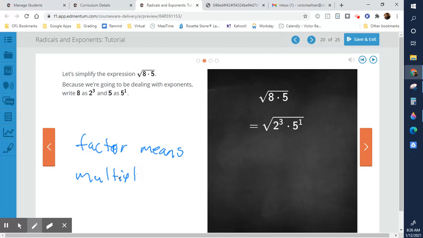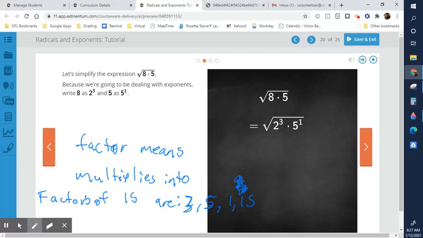So for example, factors of 15 are 3 and 5, and technically 1 and 15. We usually don't count the 1, but sometimes we will need to know that 15 is a factor, so we do have to include 1 technically. Breaking it down by 1 doesn't really change anything, so that's why we never really include 1.